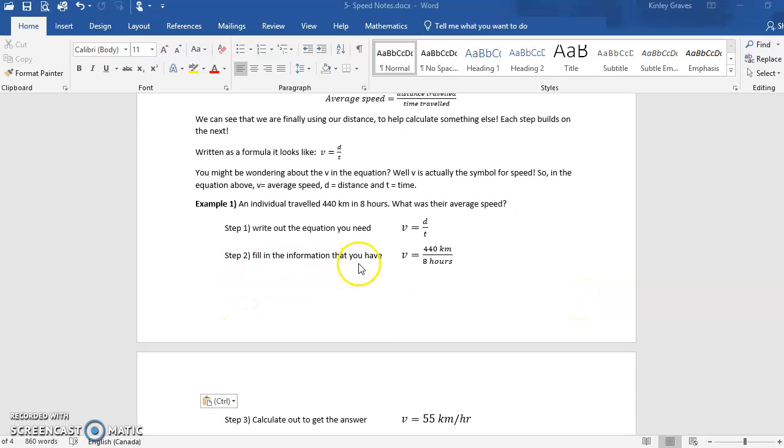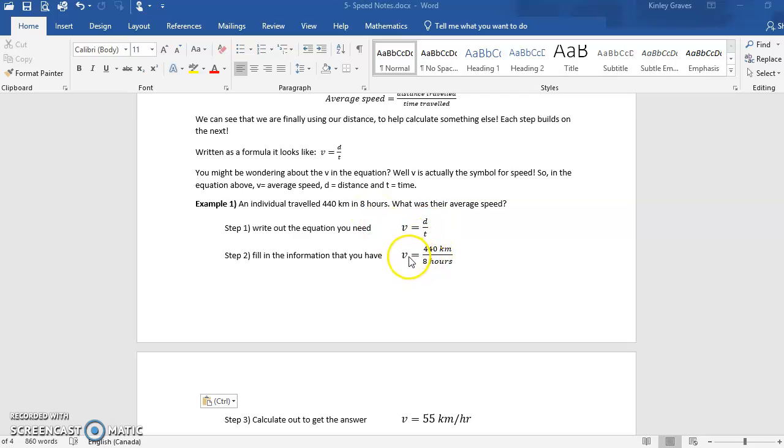Step 2 is fill in the information that you have. If we look at our question here, an individual traveled 440 kilometers. We know 440 kilometers is a distance, so that's obviously our distance traveled. We put that into where the D was in our equation. And then it took us 8 hours, so we know our time is 8 hours.